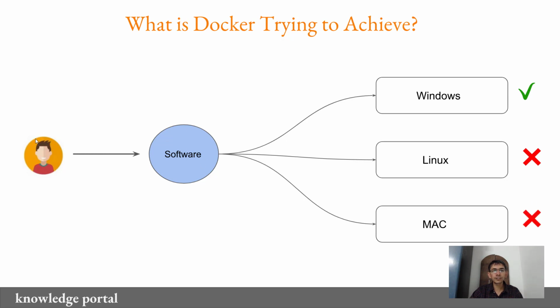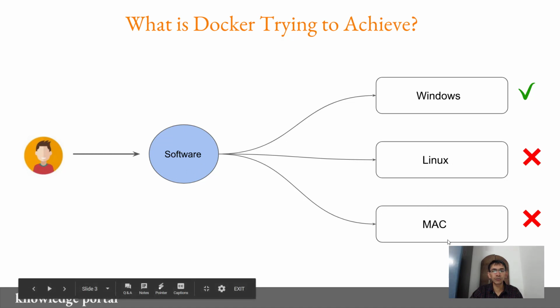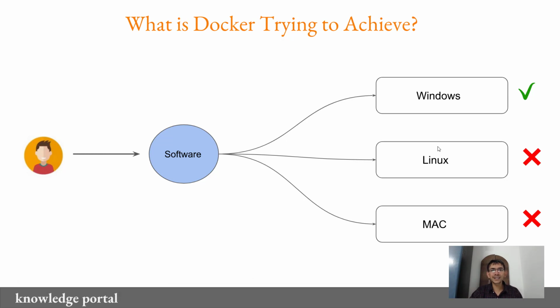This is a pain for the programmer, because if he wants that software to work in Linux or Mac, it is really a pain. He might use Java, but if he does not want to use Java, it really becomes difficult for the developer as well. So what he can do is create this software and put it in a Docker container.